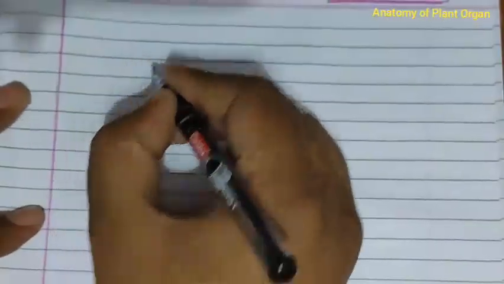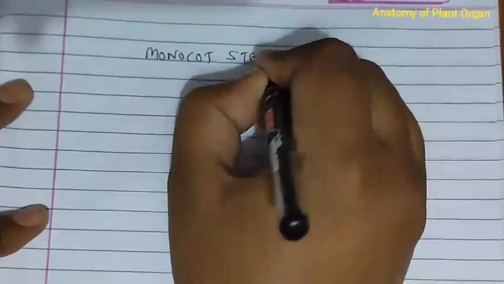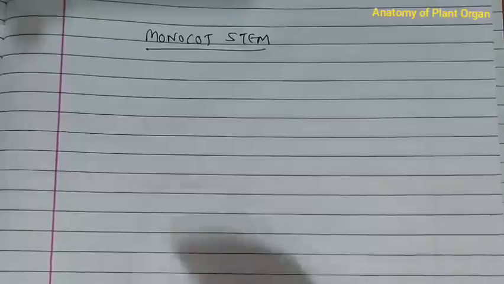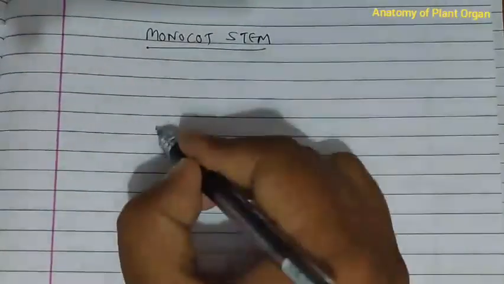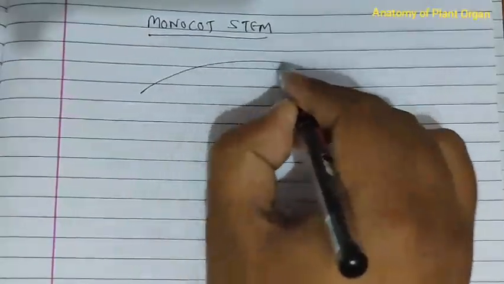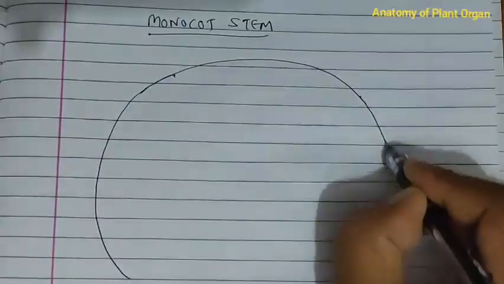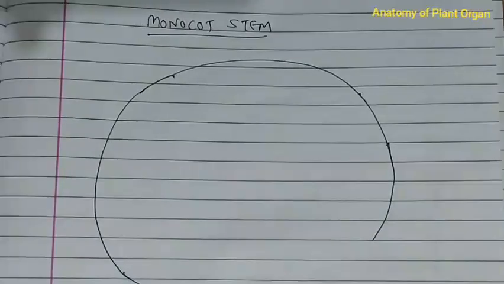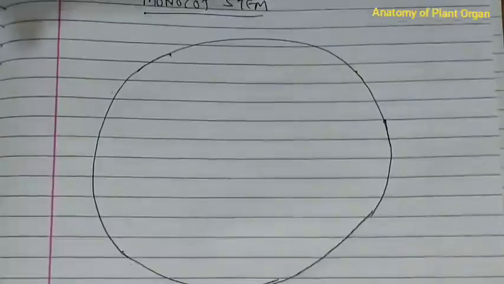Now next is anatomy of monocot stem. Now when we study the anatomy of monocot stem, then we draw a complete diagram of the cross section.